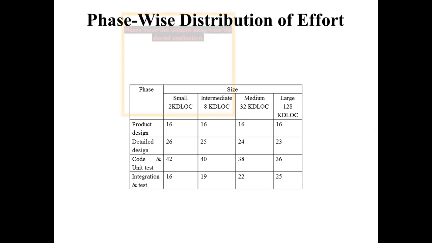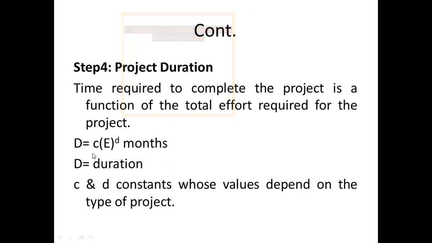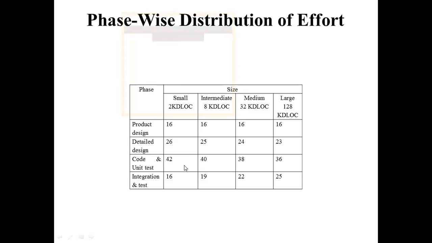Final effort means we have already calculated capital E, which is equal to EAF into EI. So if we calculate phase wise and then do the summation, our final value of the effort will match the sum of these phase wise distributions of effort. So this will come as an approximate value.